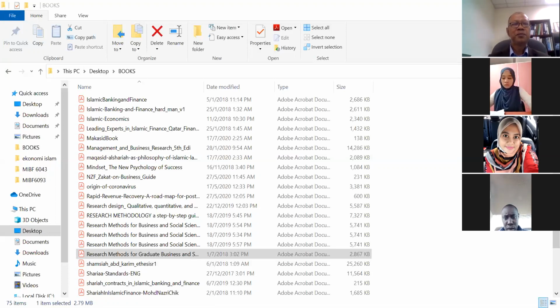So quantitative research is involved with quantitative measurement. There are numbers, there are mathematical measurements, and there is statistical analysis.